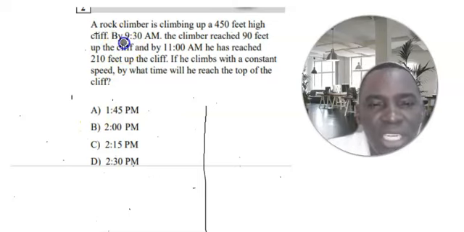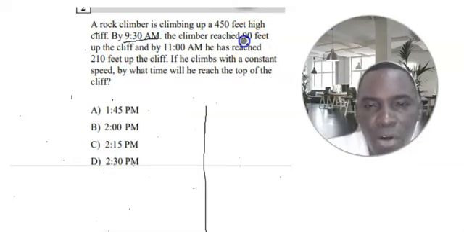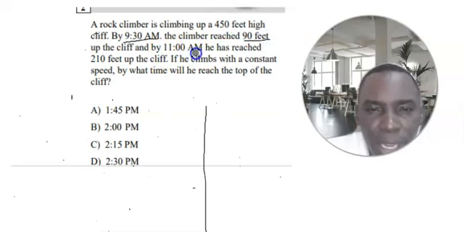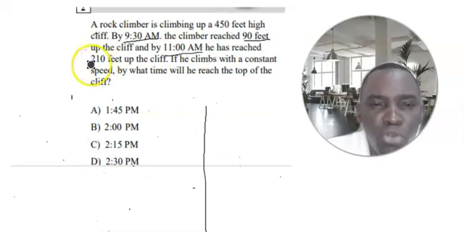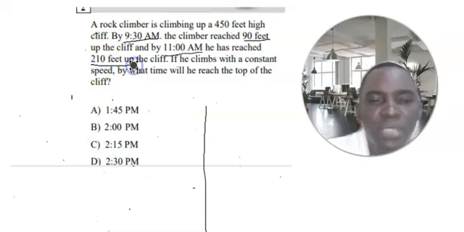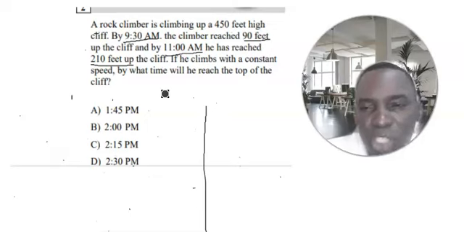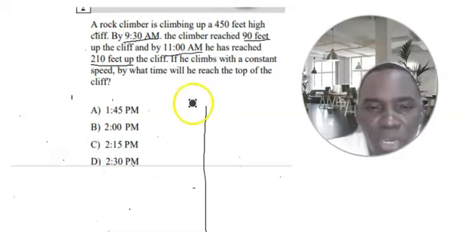You can see that at 9:30 a.m. he covered 90 feet, and at 11 a.m. he covered 210 feet right here. Now this will help us to use the gradient formula, which is y2 minus y1 over x2 minus x1. That's the rate.